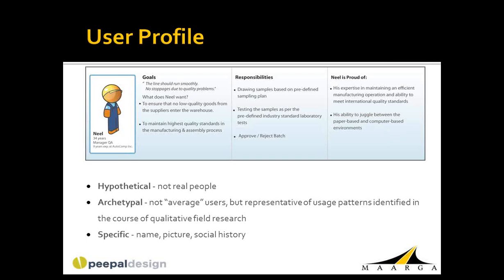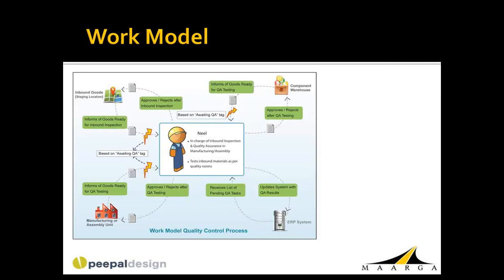Right. So the other thing that we need to do when we are talking about users is really figure out what their work model is. So in this small example that I have, we're talking about a warehouse supervisor, and what are the different kinds of people that he works with.